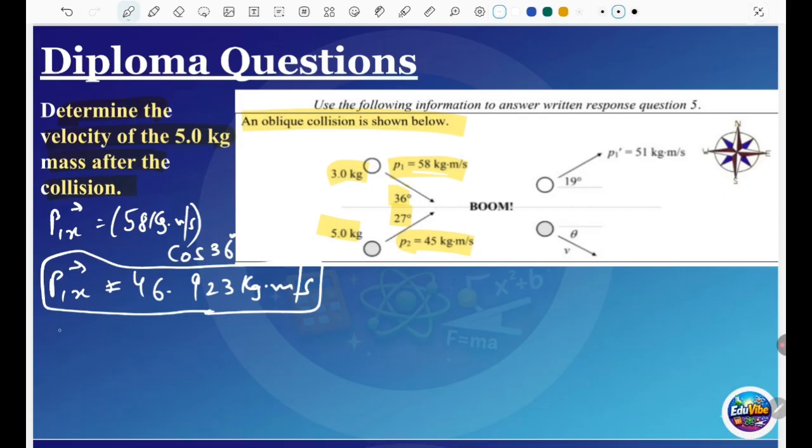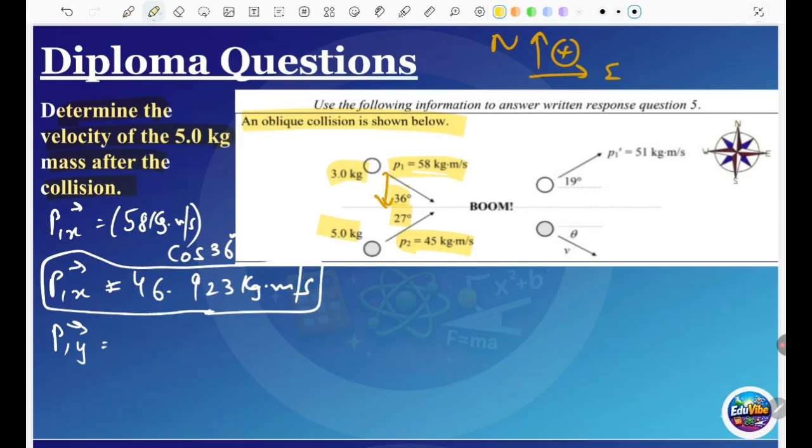That is for p1x. For p1y we take it as negative, because p1y goes to the south. So in that case we take north and east as positive, but south and west as negative.